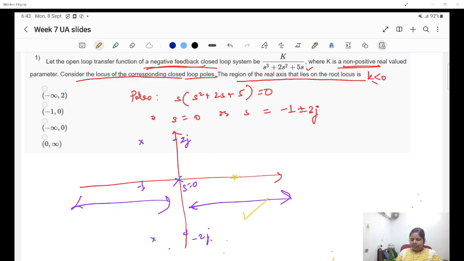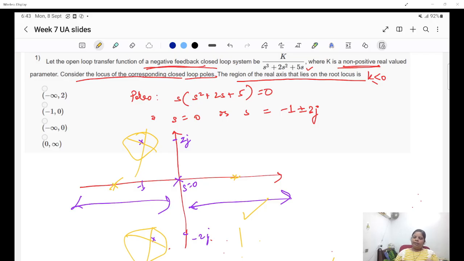Now let's check by taking a test point here. The number of poles and zeros to the right of it is 1. Be mindful of what you are counting. You don't have to count this. You don't have to count this. You have to count the number of poles and zeros that are lying on the real axis.